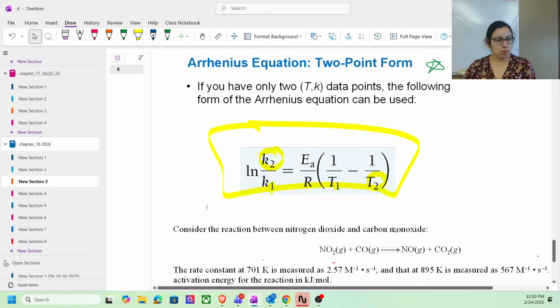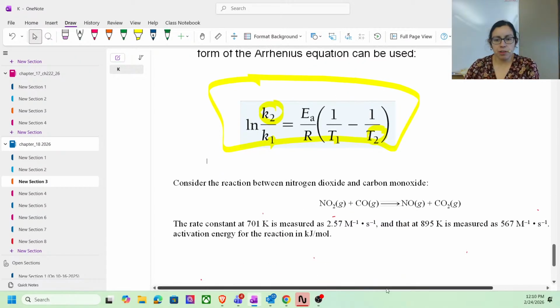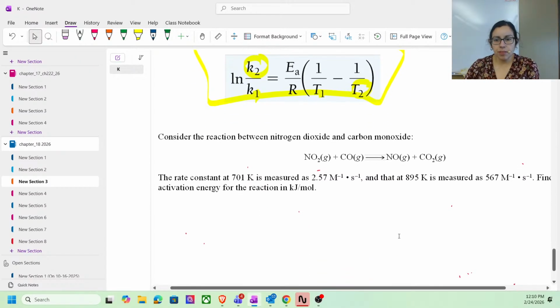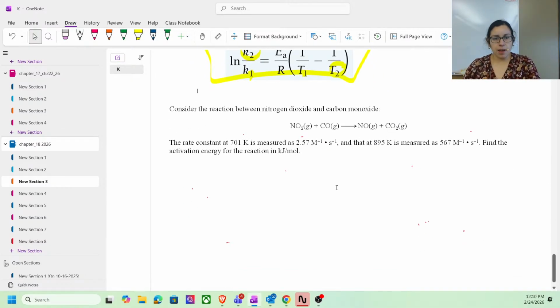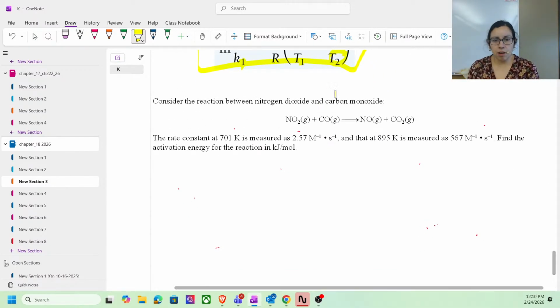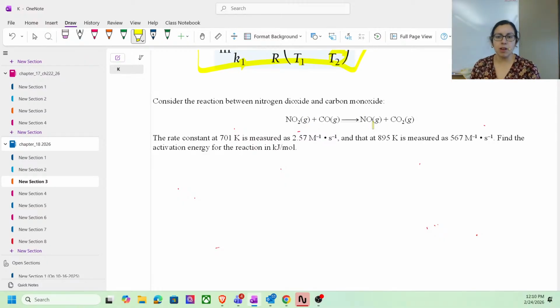All right, so let's try our two-point form equation then. Looking at our reaction here, we're given nitrogen dioxide and carbon monoxide gives us nitrogen monoxide and carbon dioxide. That's the hint that this is going to be our two-point, right?